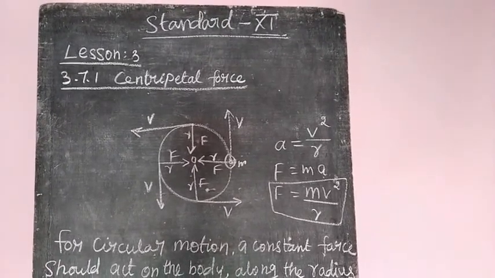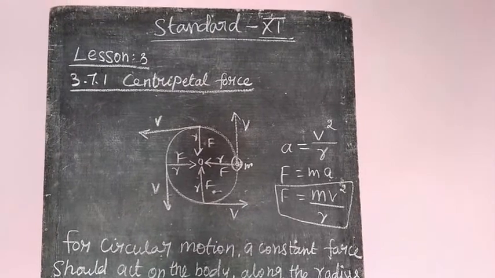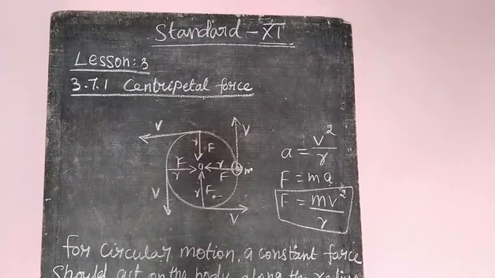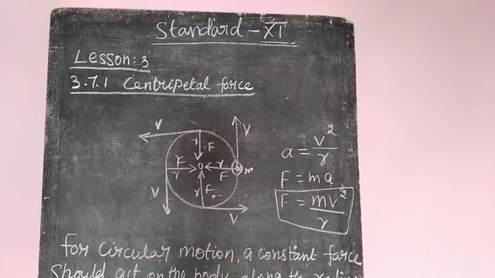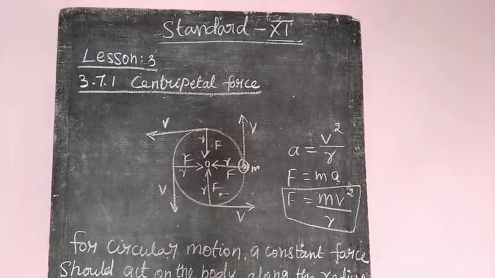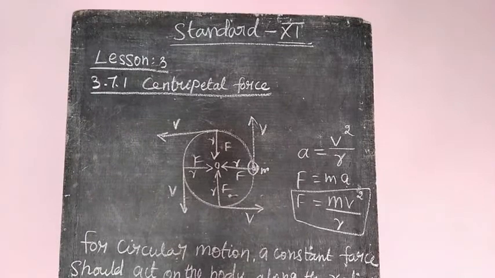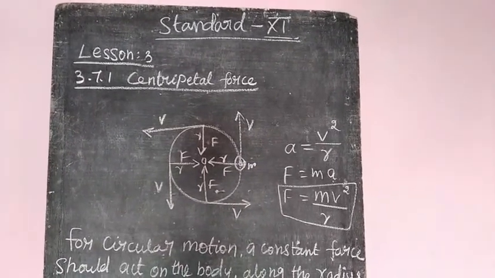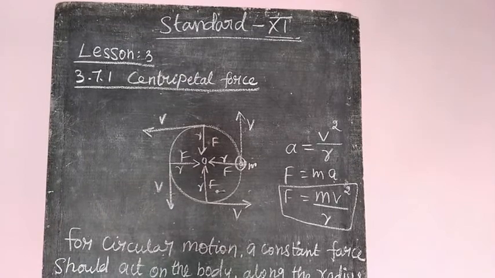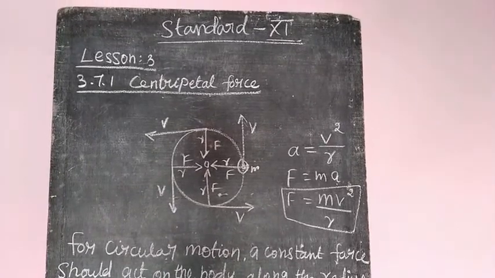The stone is moving in a circular path, so an external force must act. Due to the external force, the stone revolves in a circular path. Here the external force is known as tensional force.